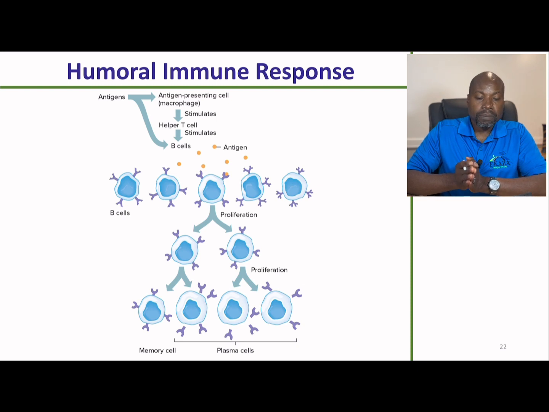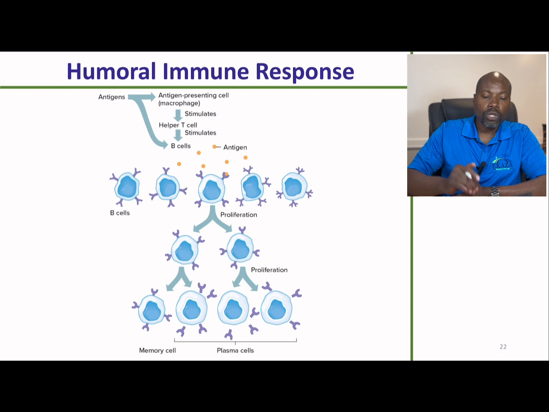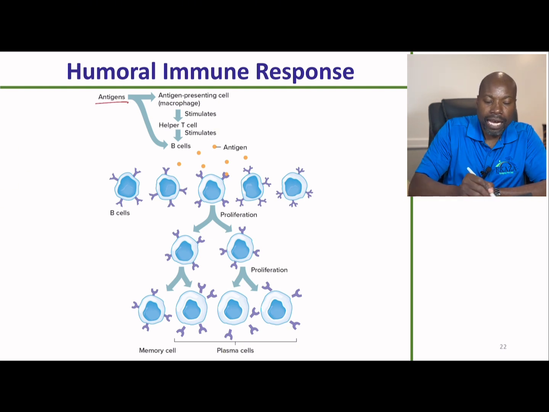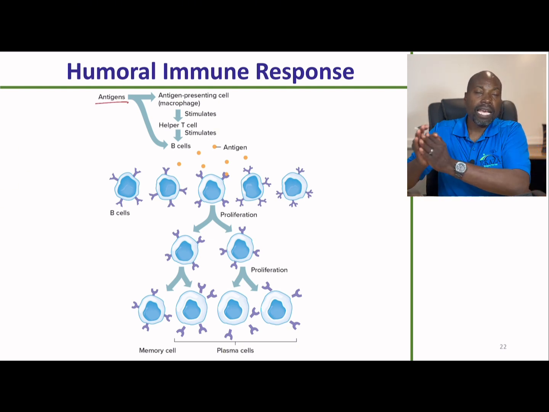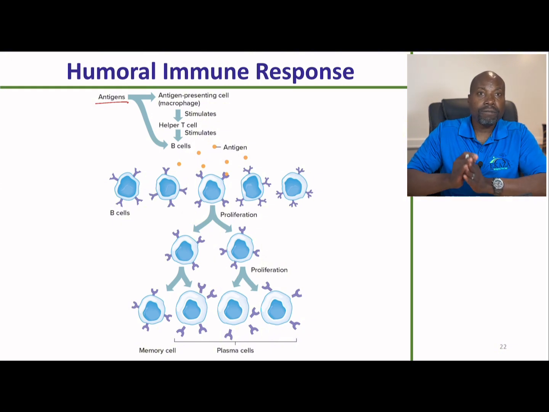All right, humoral immunity, how does it get developed? Typically you're going to have free-floating antigens. These free-floating antigens are going to trigger a response. Response from whom?